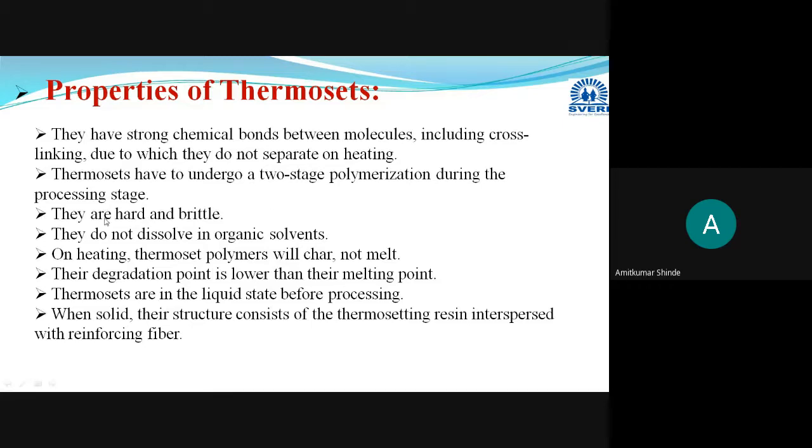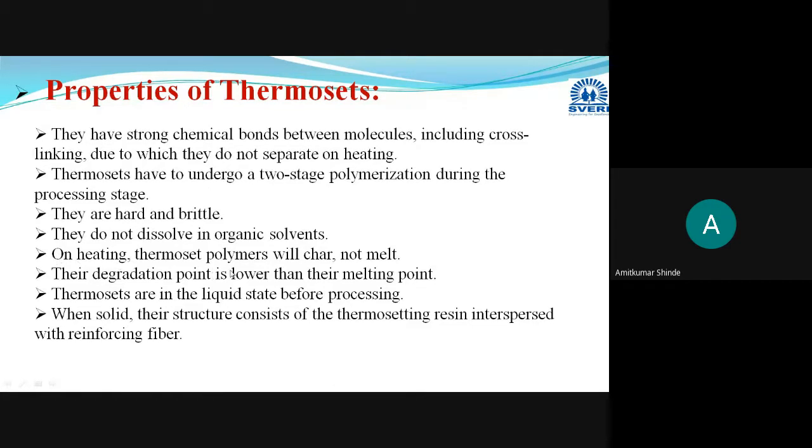And then these are very hard and brittle in nature due to that bond and cross linking only. They will have a hard and brittle nature, and their load carrying capacity will be very high. Then they do not dissolve in any kind of organic solvent due to this cross linking only.